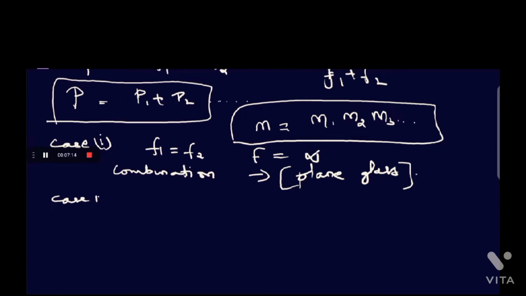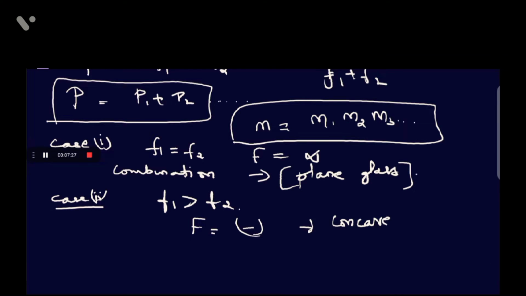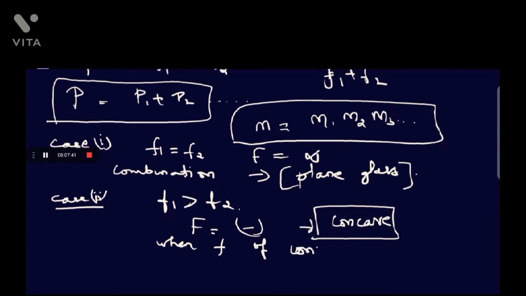And for case 2, if the first focal length is greater than the second focal length, the total focal length will be negative, so that it leads to a concave lens, right? This will happen when the focal length of the convex lens is larger.